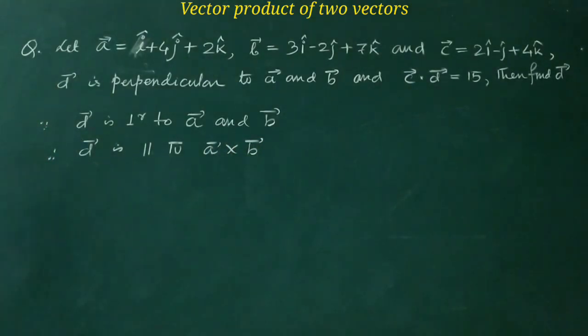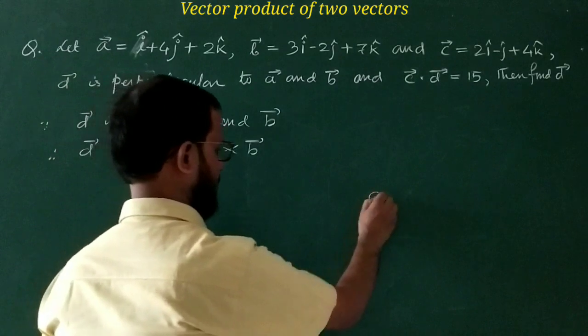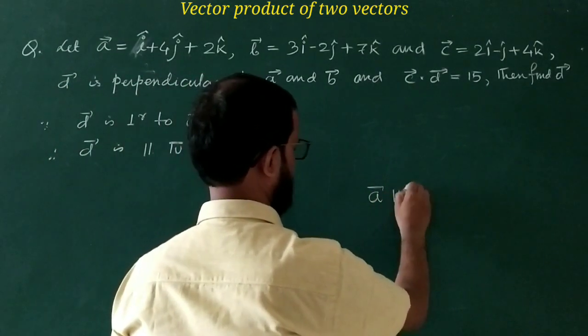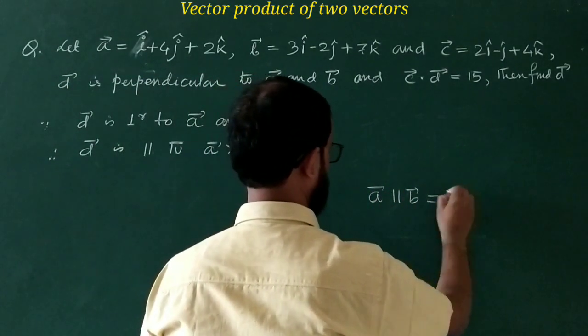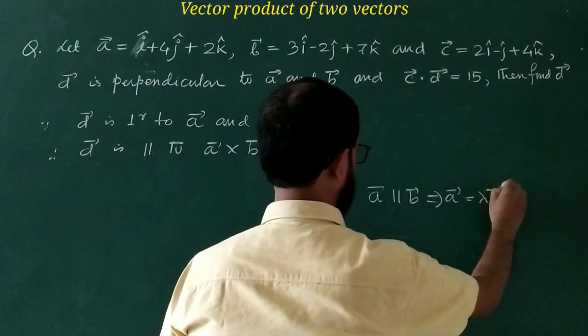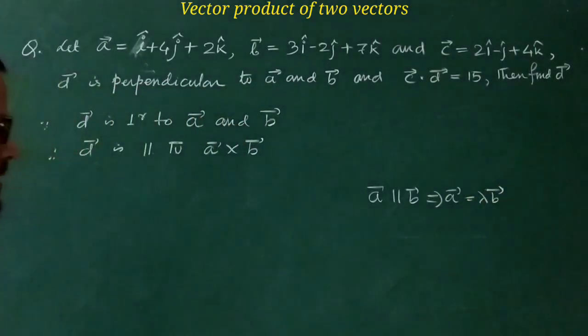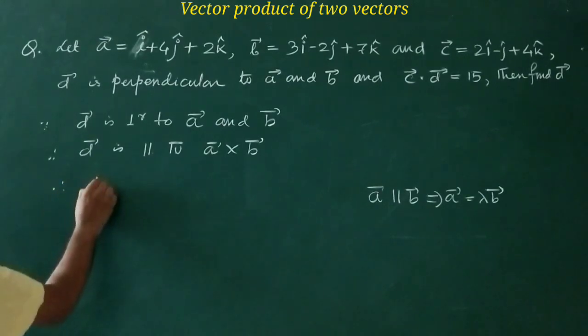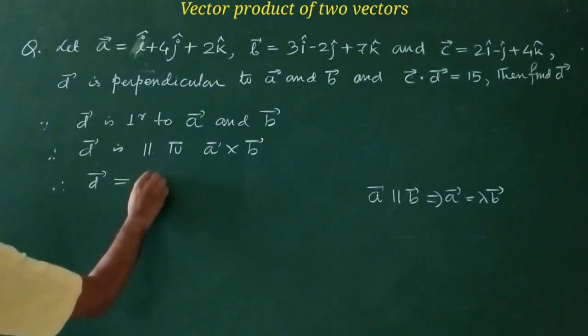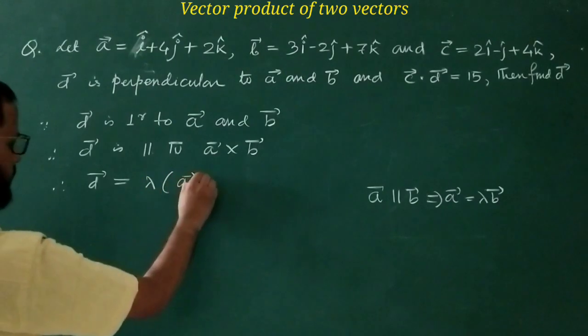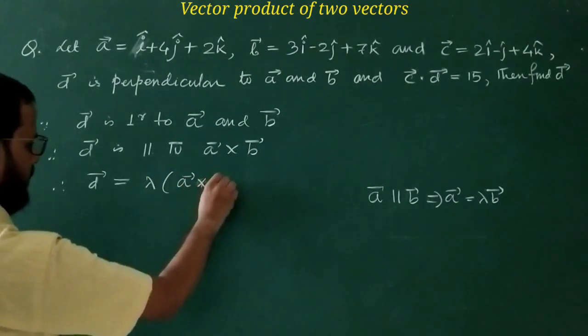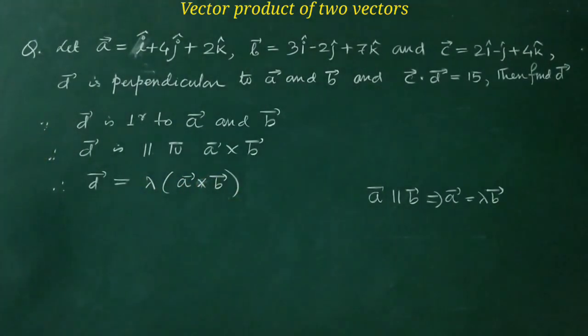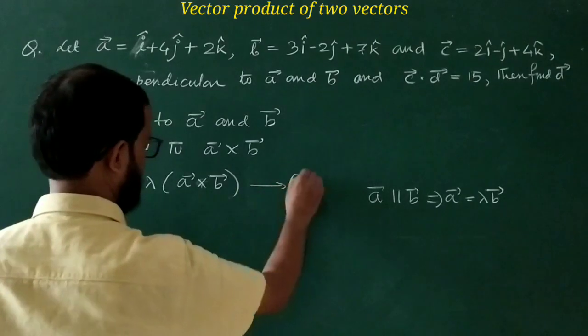And when two vectors are parallel, we know that one vector is a scalar multiple of the other vector, where lambda is any non-zero scalar. Therefore, D vector is parallel means D vector is equal to lambda into A cross B. This is number one relation.